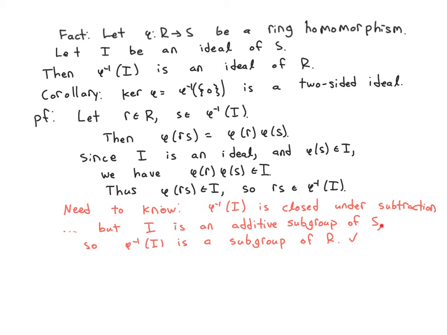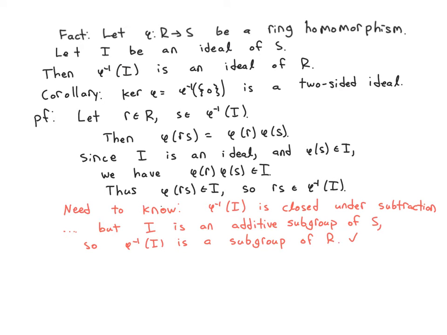And back when we were studying groups, this ring homomorphism is also a group homomorphism of the additive group structure. I is now an additive subgroup, so its preimage is also an additive subgroup of R. So that tells us that we're closed under subtraction. And we're non-empty because the preimage of 0 contains at least 0.